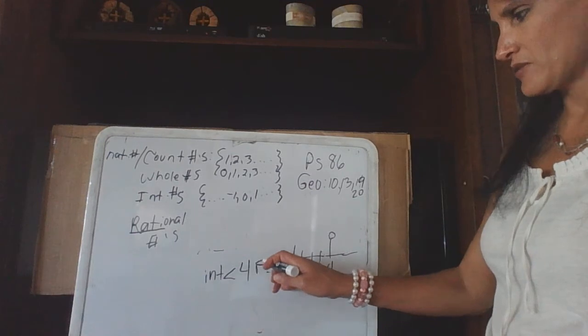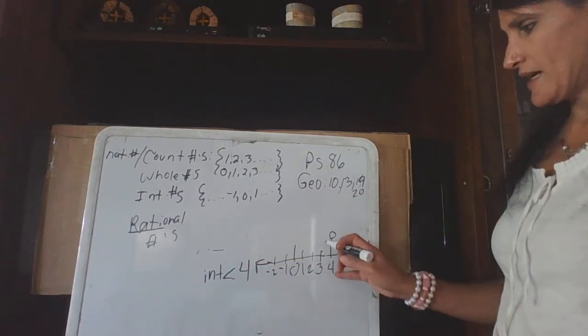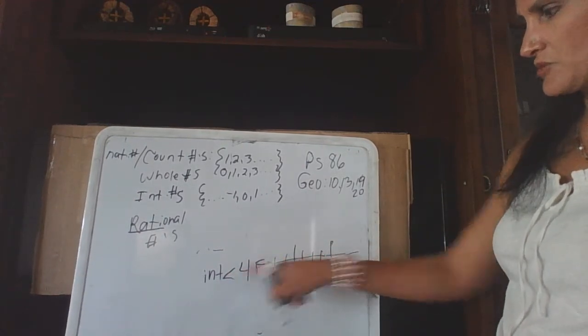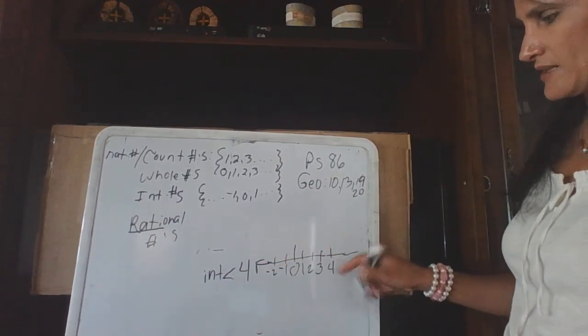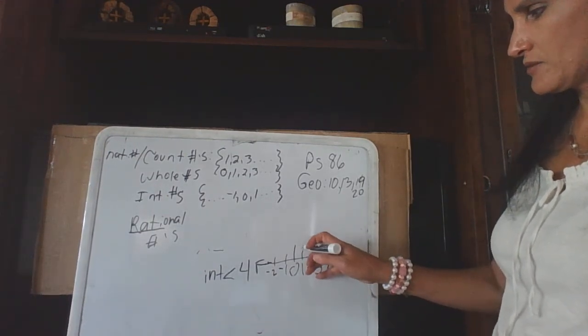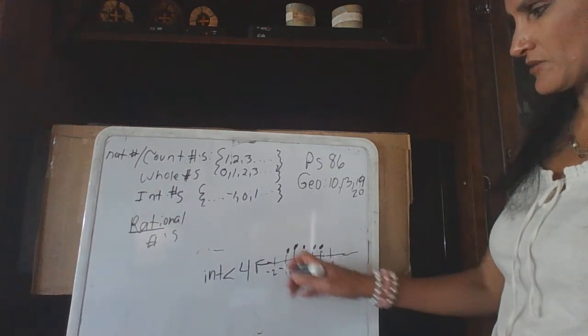Then I'll draw an arrow because it means it continues. Notice there's not an arrow on the right. And this time, instead of drawing a solid line, I'm going to say the number's less than 4. Well, 4 is not less than 4. So I'll put a dot here, here, here, here, and here.